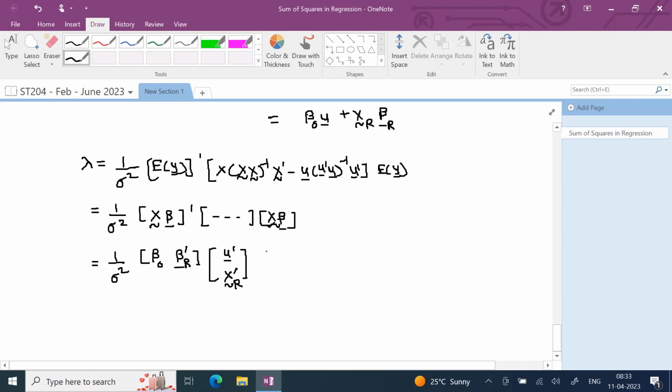Then we have the original big matrix as it is. Then we have X, which we would write as U and X r, and beta, which we would write as beta naught and beta r vector. Okay, so far?